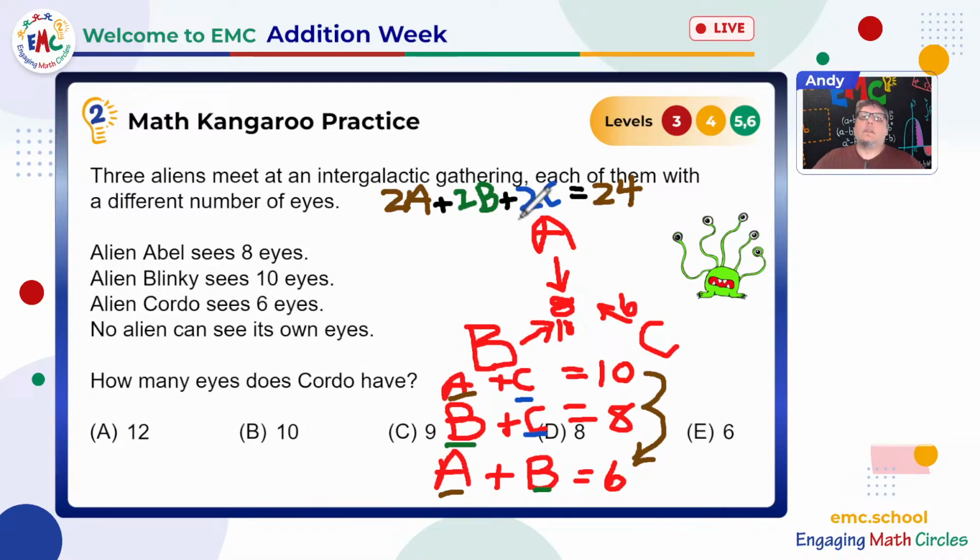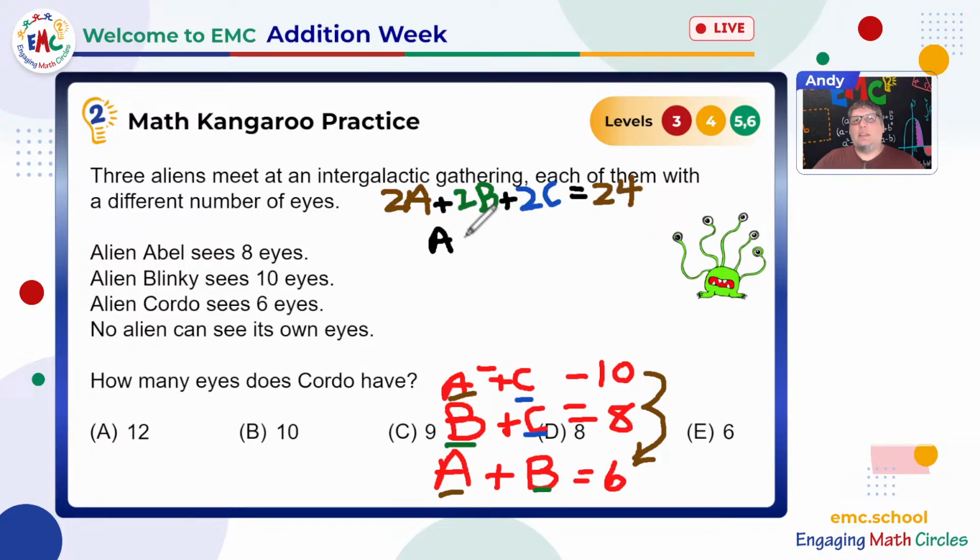So 24 is twice of all the eyes, double all the eyes, which means A plus B plus C is half of that. It's 12.